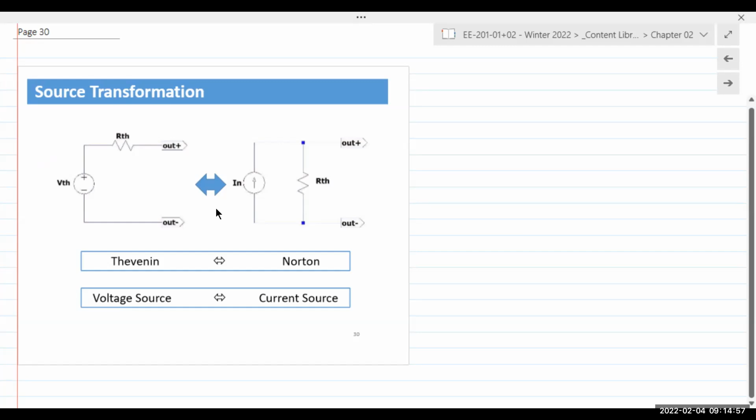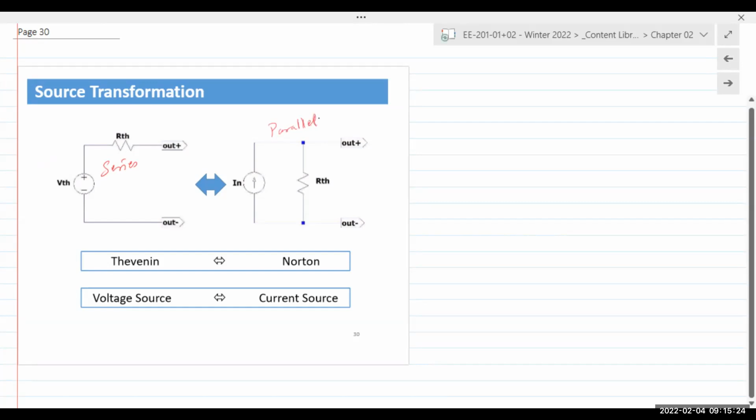Now, the critical thing to remember is that we need to have the resistance in series with the voltage source and a resistor in parallel with the current source. Otherwise, the transformation would not be possible. So a series connection here is a must, and here a parallel connection is a must.